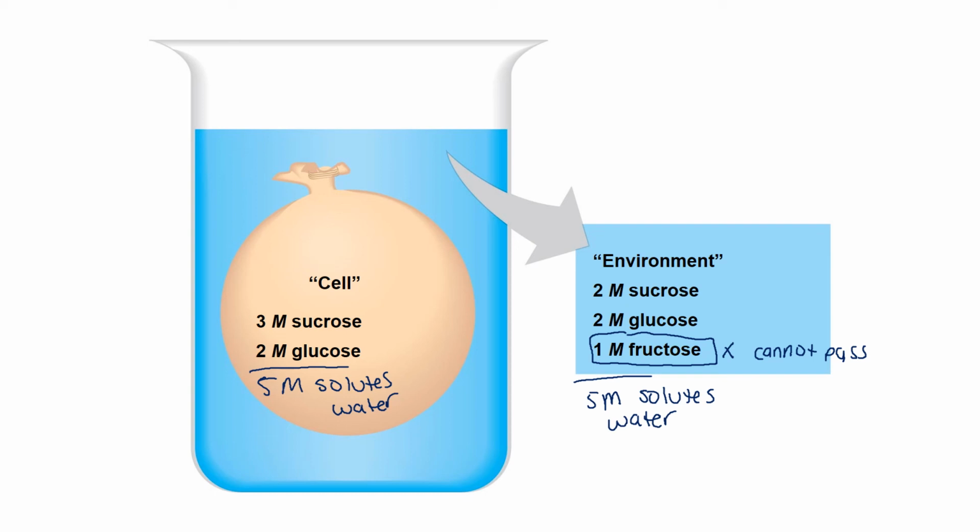So what I'm thinking is that the movement of water inside the cell is going to equal that that's moving outside of the cell. Okay, so we know that. Now, in terms of sucrose and glucose, there will be a net movement of slightly more sucrose moving out of the cell this way. However, fructose is there, so it's going to equilibrate.